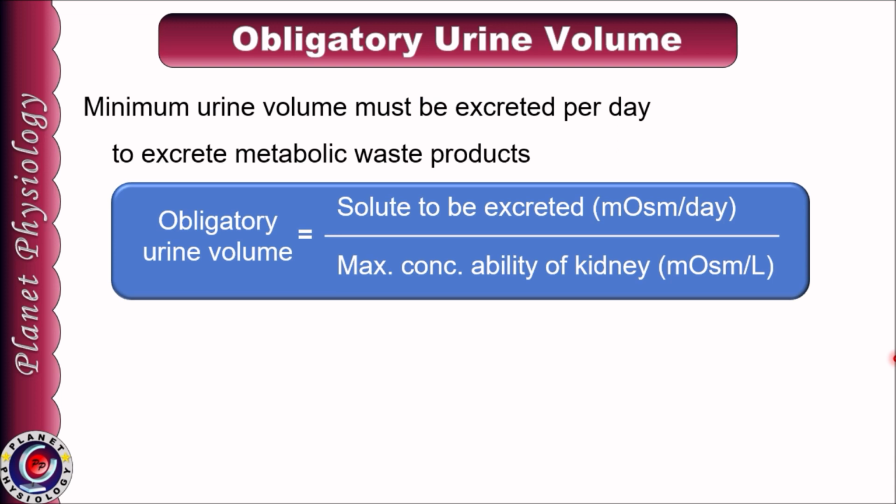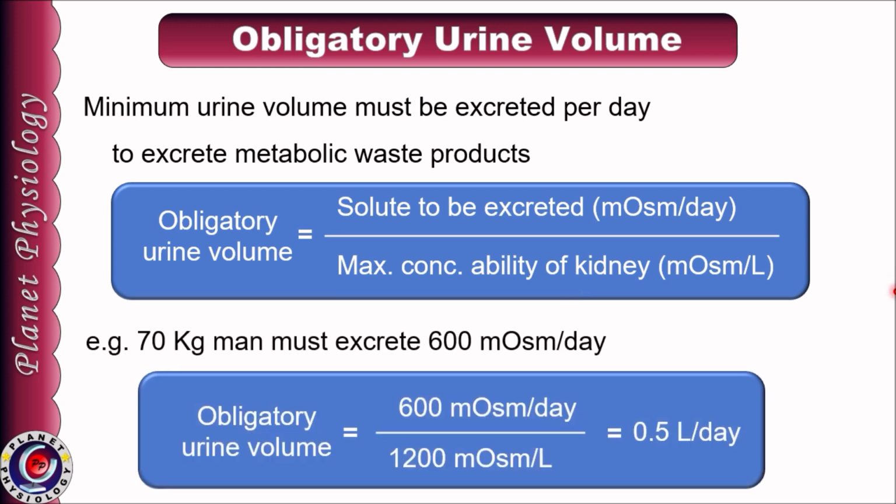It is the minimum volume of urine that must be excreted per day to excrete metabolic waste products. It is calculated as the amount of solids to be excreted divided by maximum concentrating ability of the kidney. For an example, a 70 kg man must excrete 600 milliosmoles per day and his maximum concentrating ability of urine is 1200 milliosmoles per liter.